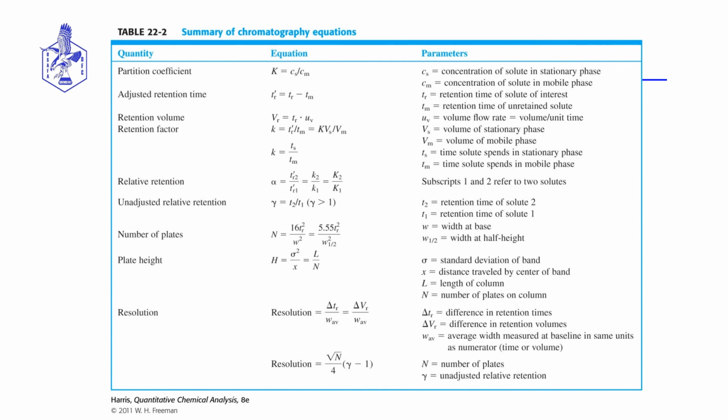So this is just a summary of all the important things we talked about: the partition coefficient, retention time and adjusted retention time, the retention or capacity factor and how it's measured off of your chromatogram, the selectivity factor between two components, the unadjusted relative retention, gamma, which is down here in our resolution equation, the number of theoretical plates, the plate height, and then measuring resolution directly off of a chromatogram by looking at and measuring the retention time and the peak width.